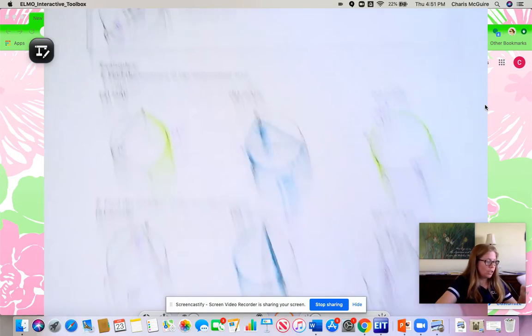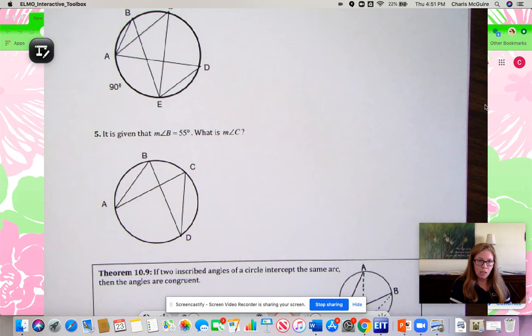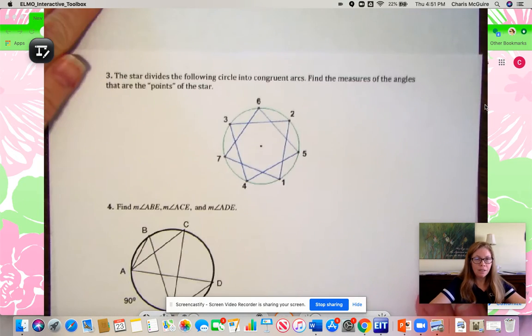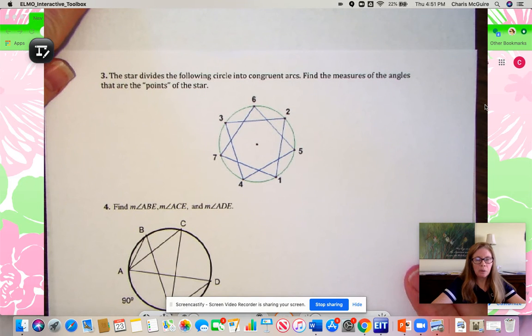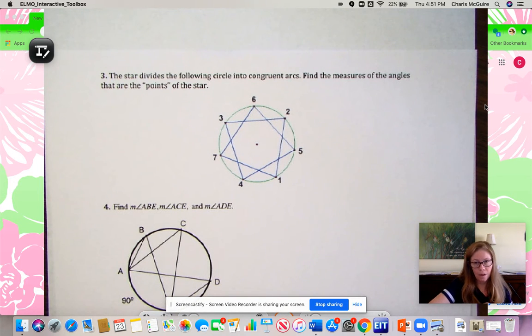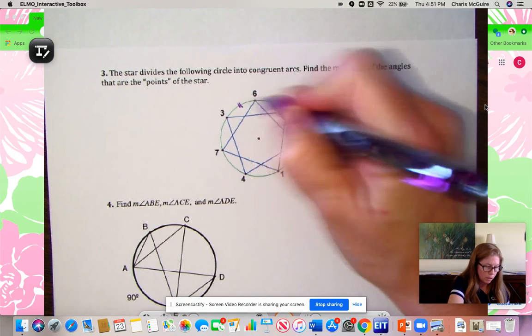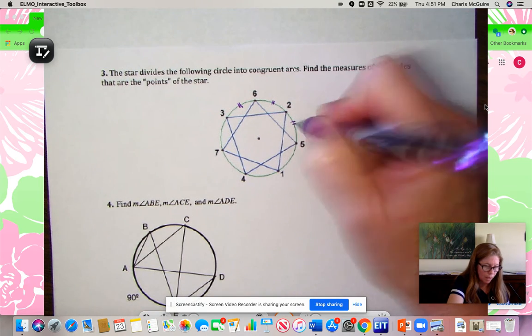The next page, we finally get something a little bit more challenging. I'm going to give you a moment. Let's take a look at it together real quick. The star divides the following circle into congruent arcs. So the congruent arcs that are divided by this star, these are all congruent to each other. So keep that in mind.